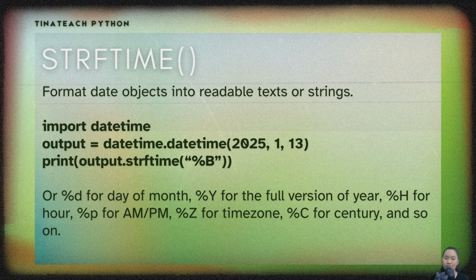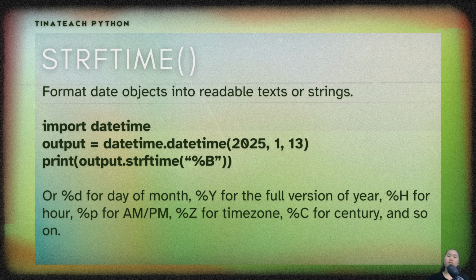Okay, now let's move on to this method that we've been talking about, strftime. This, once again, as I've mentioned, formats date objects into readable text or strings. And I have an example right here with datetime 2025, January 13. Now, this time is different. Instead of capital A, I have capital B. There are also other options for you.